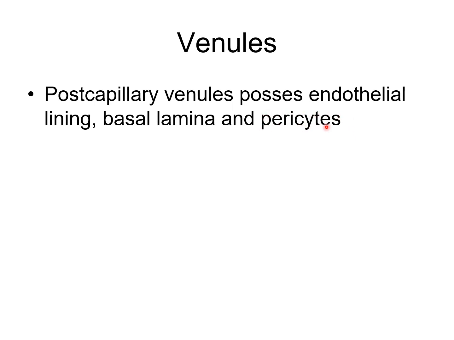The function of the pericytes is that they help in the regeneration of the capillaries or the venules. The pericytes are special types of cells present in the capillaries and the beginning of the venules, or post-capillary venules.